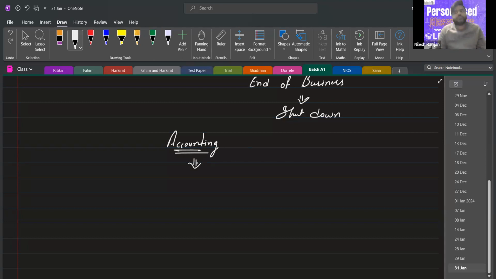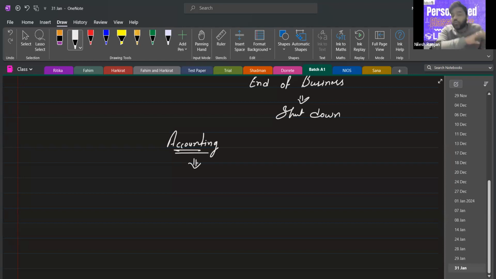First of all, if we are closing our business, then we do not need any balance in any of the accounts. Yes, sir. Because we are closing our business, why would there be any balance in an asset account or liabilities account or any other account? We have to close all our accounts if we are talking about accountancy.